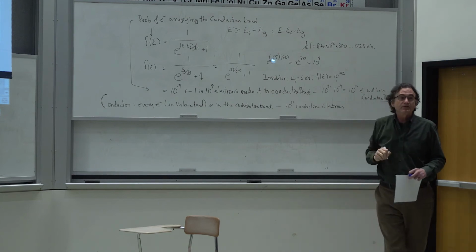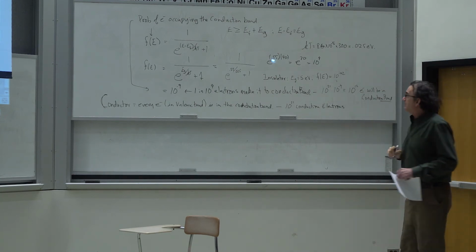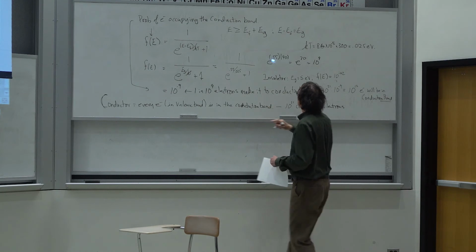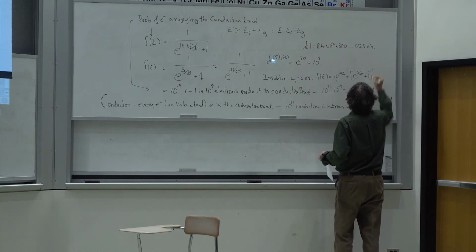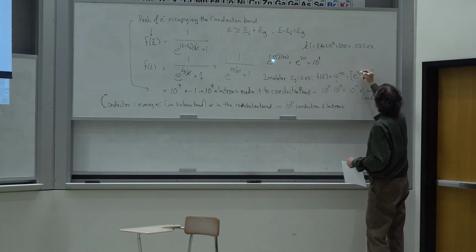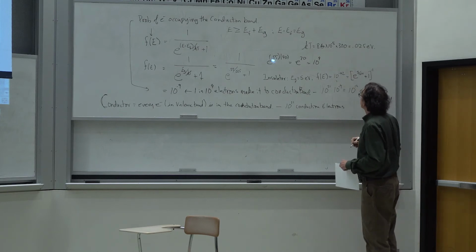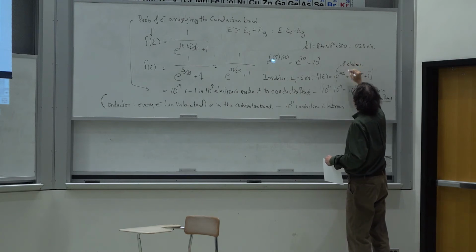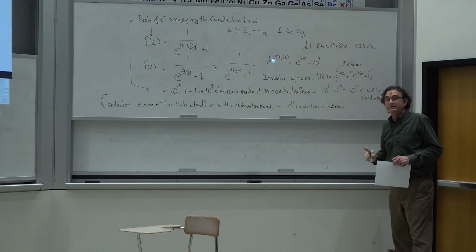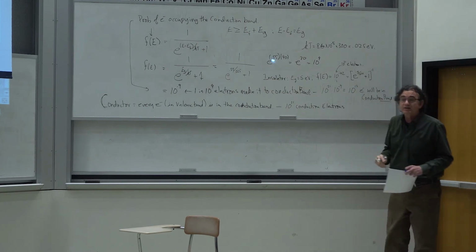That's a very small probability because the energy gap is higher. So for an insulator, this number is e to the 5 divided by 0.025, plus 1, inverse. And this number is much, much smaller. Even if I multiply this by 10 to the 21 electrons, the probability of even one electron making it there is less than 10 to the minus 20.